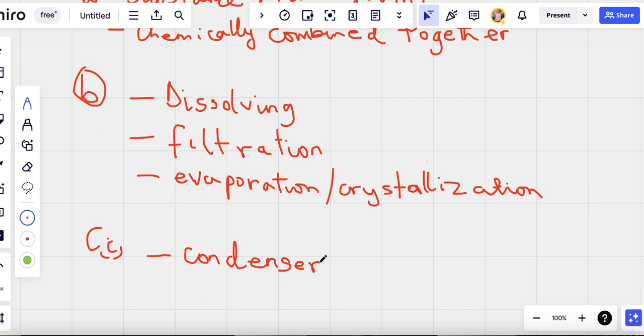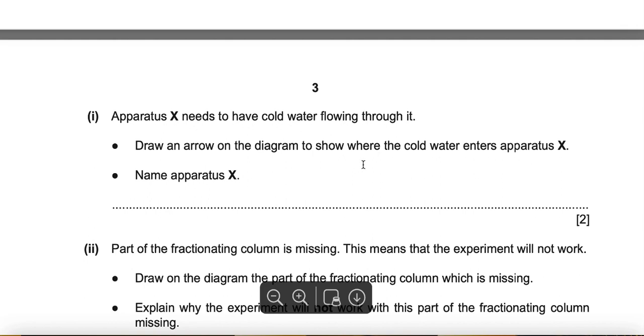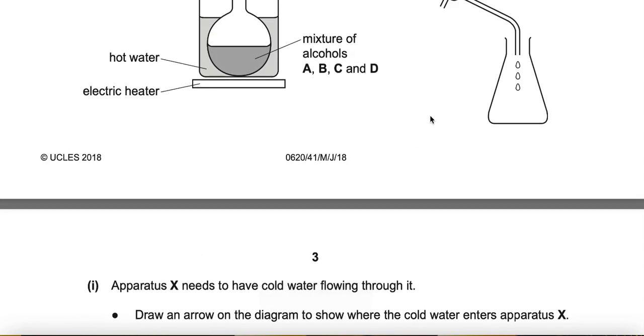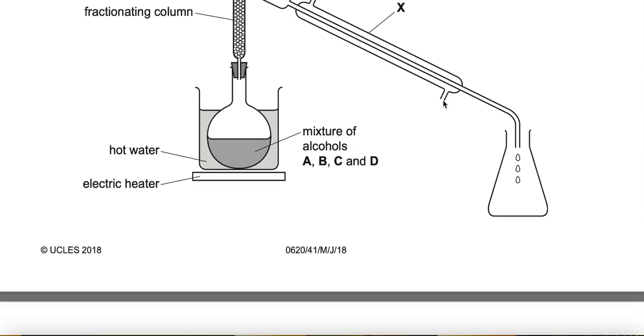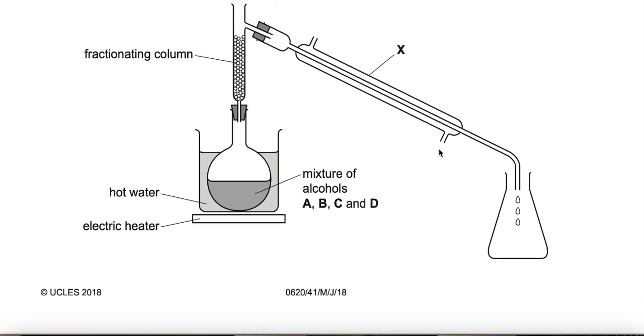Wait, let's take a look at this. I think the cold water should enter from here, because the cold water goes in and spreads so that it can condense what is coming down, the alcohol that reaches boiling point.